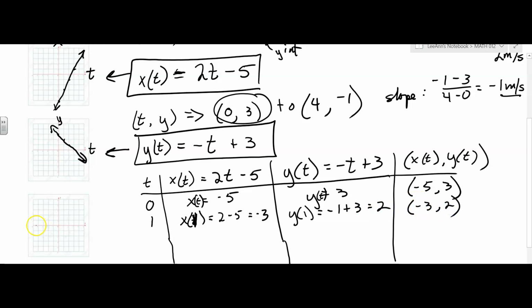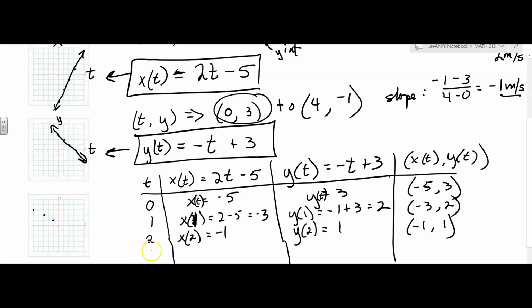So -5, 3, right there. And then -3, 2, right there. And now what happens at 2 seconds? So x of 2 winds up being -1. And then y of 2 is going to be 1. So you get -1, 1.